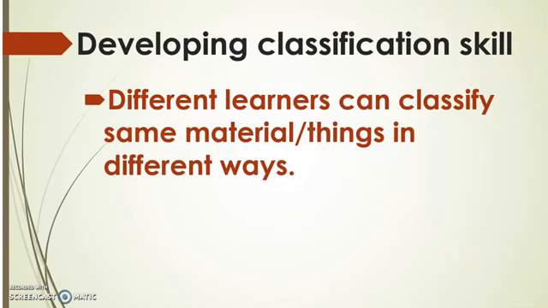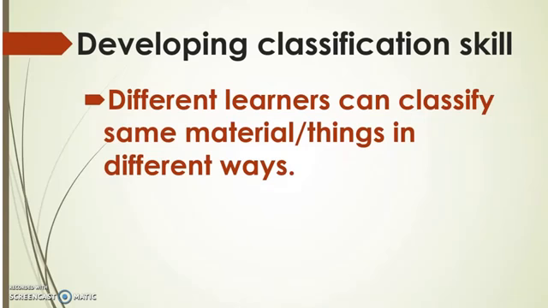If you provide them a variety of material, some may classify on the basis of color, some on the basis of shape, some on texture, some on their origin, or on the angles they have. So a variety of classifications are possible for the same material, and no classification is wrong.